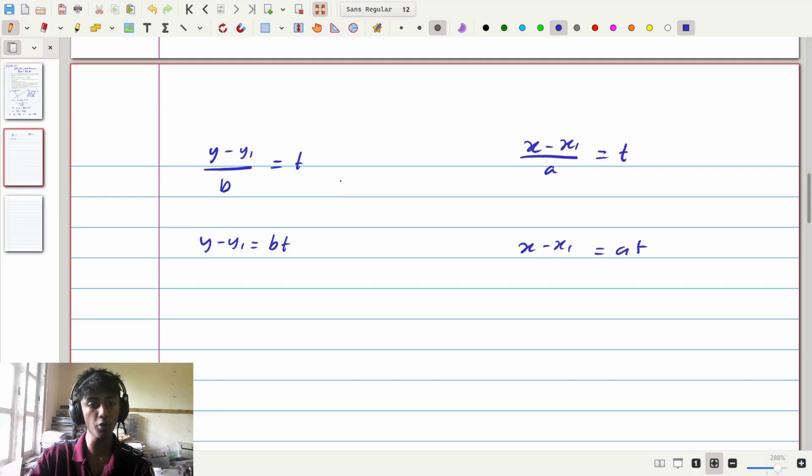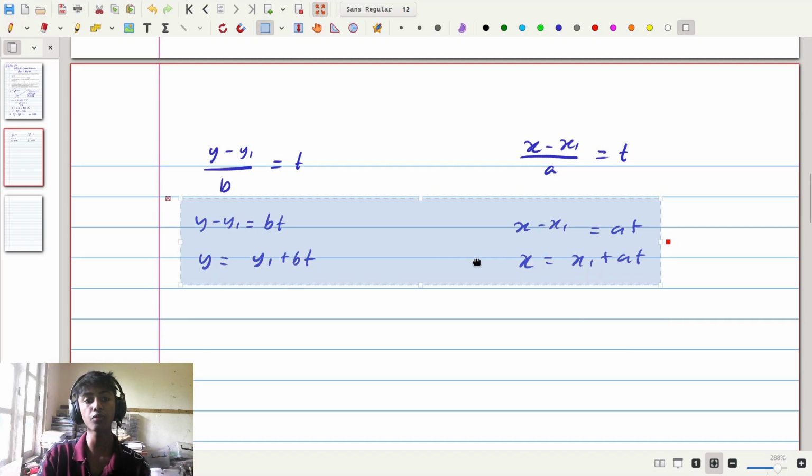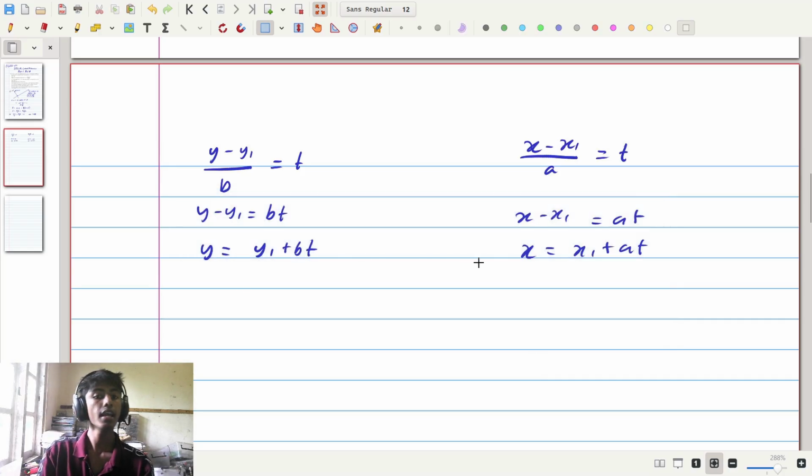And rearranging once more, we get y equal y1 plus bt, and here we get x equal x1 plus at. And these two are the two formulas we need, because according to this, any coordinate x comma y on the line L dash can be replaced with x1 plus at and y1 plus bt respectively.